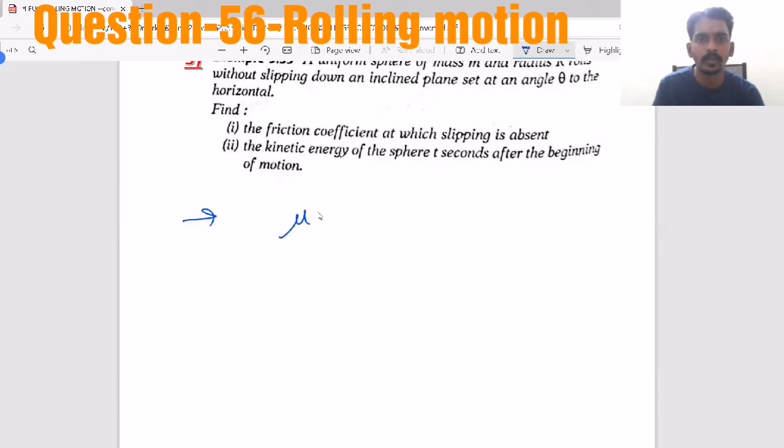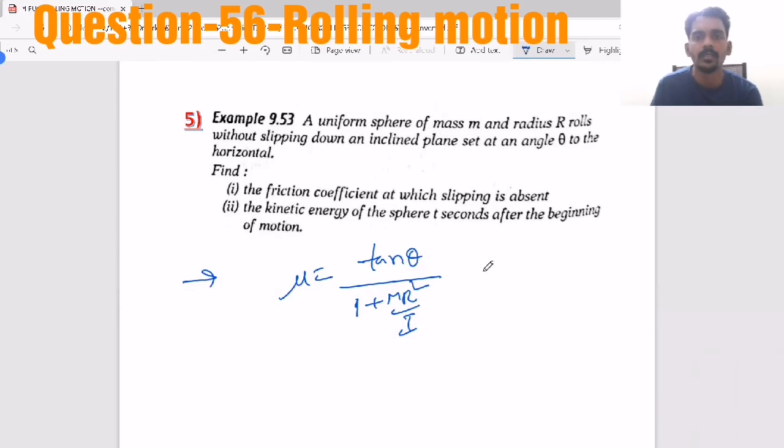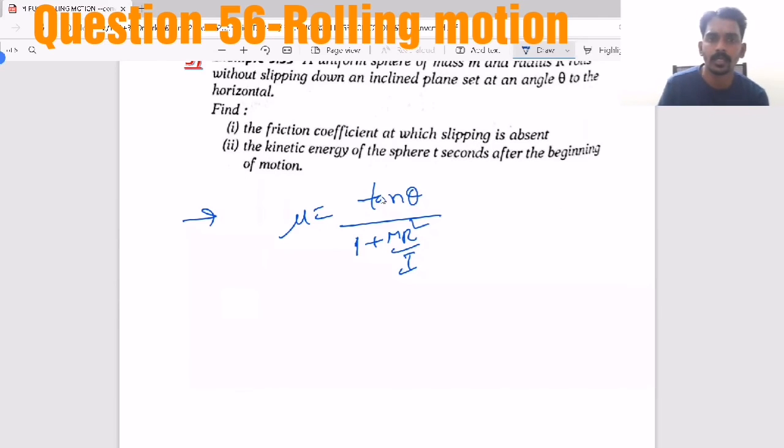So that means mu equal to, what is the formula? Tan theta by 1 plus m r square by I. Now here, what is the object? Uniform sphere. Again, we have to consider the solid sphere only.